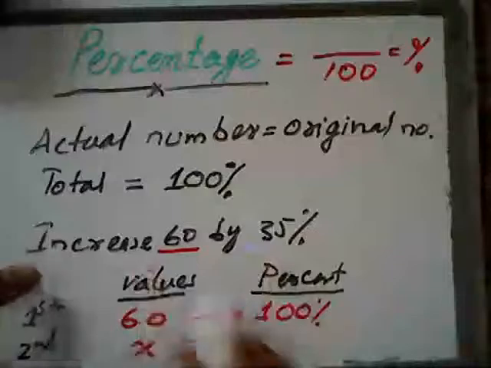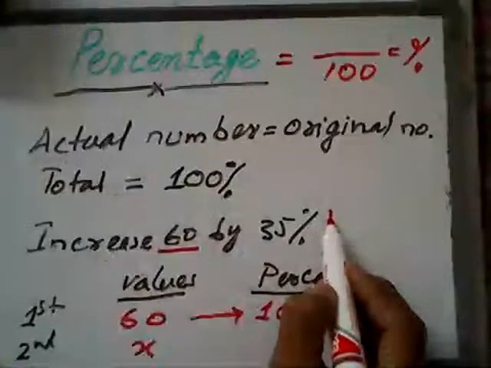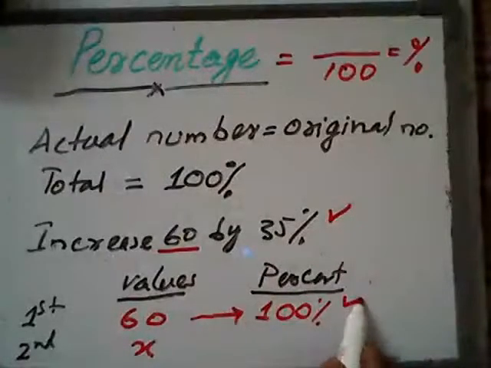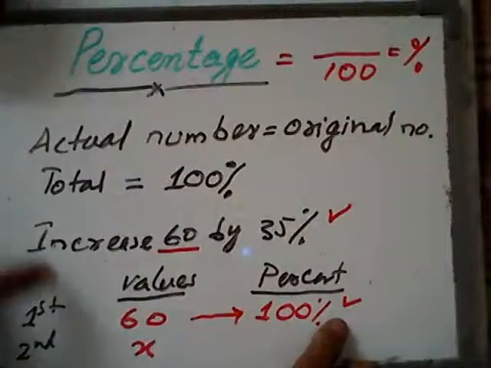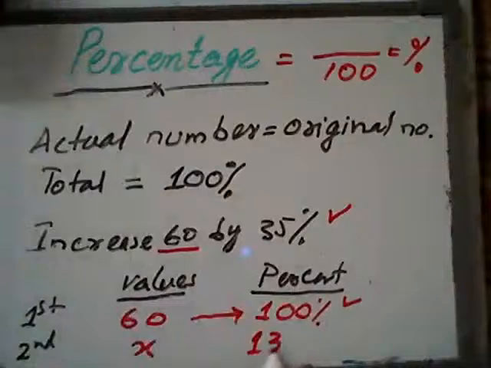If the value is increased by 35%, its actual percentage was 100%, so after increasing by 35%, it becomes 135%.